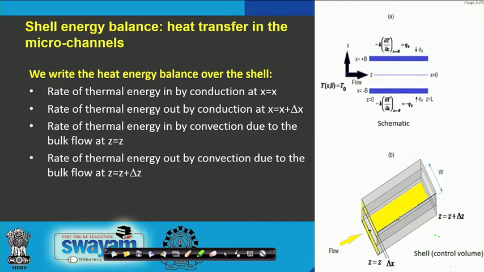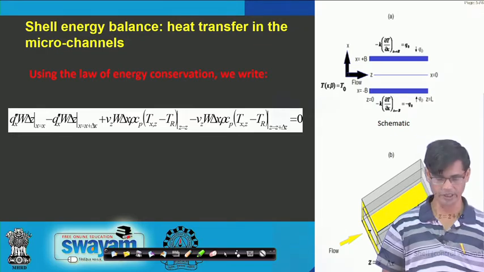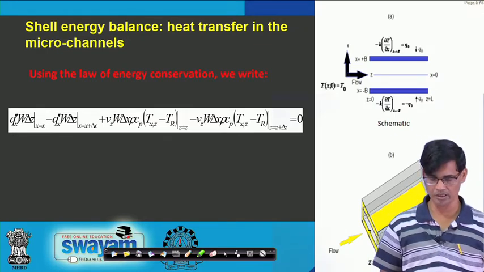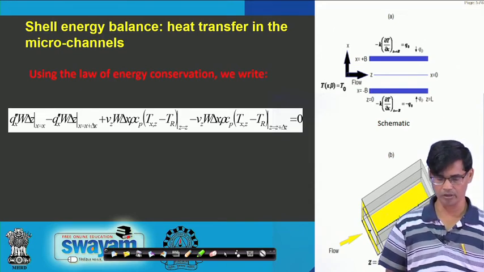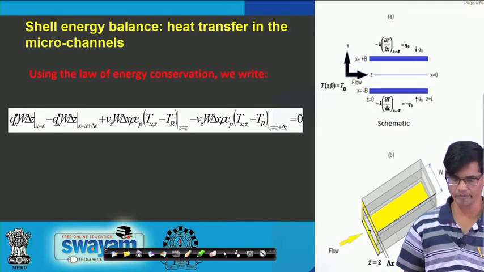Now, all these four components give you the conservation principle: the rate of thermal energy in and out by conduction, and the rate of thermal energy in and out by convection, with in minus out equal to 0, which is basically the principle of thermal energy conservation, or any energy conservation.